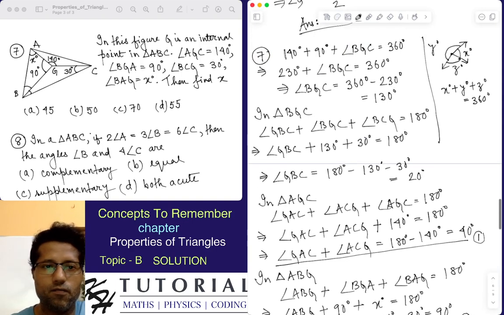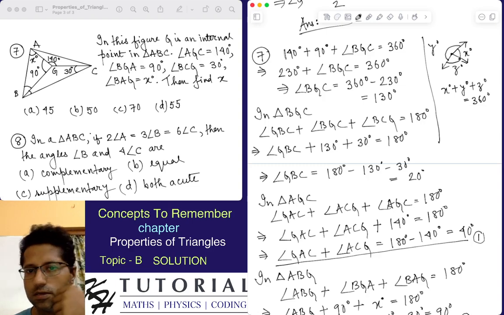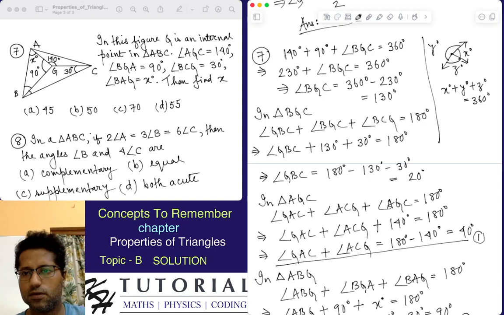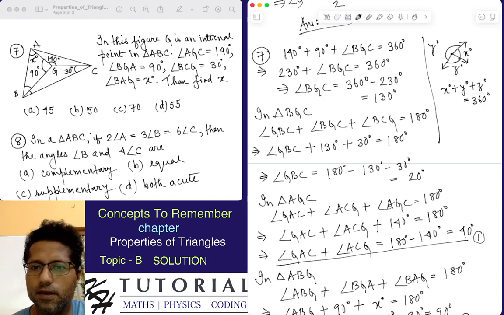So we have 140. If we sum all the angles around the point G, we are getting 140 plus 90 plus angle BGC is equal to 360 degree, which means 230 plus angle BGC is equal to 360 degree, which means angle BGC is equal to 360 minus 230, which is 130 degree. BGC is 130 degree. Okay.